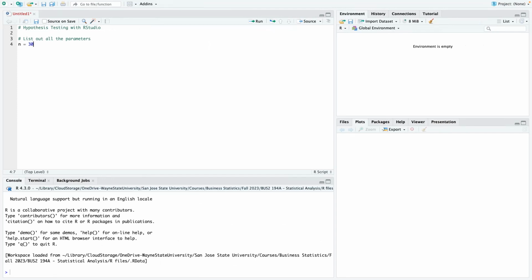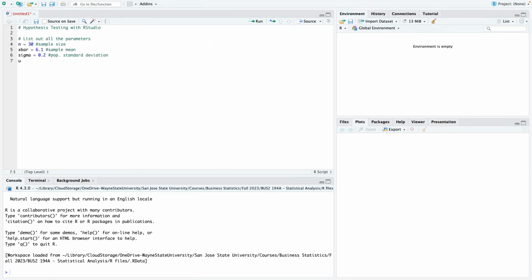So n is 30, which is our sample size. Then x bar, which is the sample mean, was 6.1. And then sigma was 0.2 ounces. That is the population standard deviation.